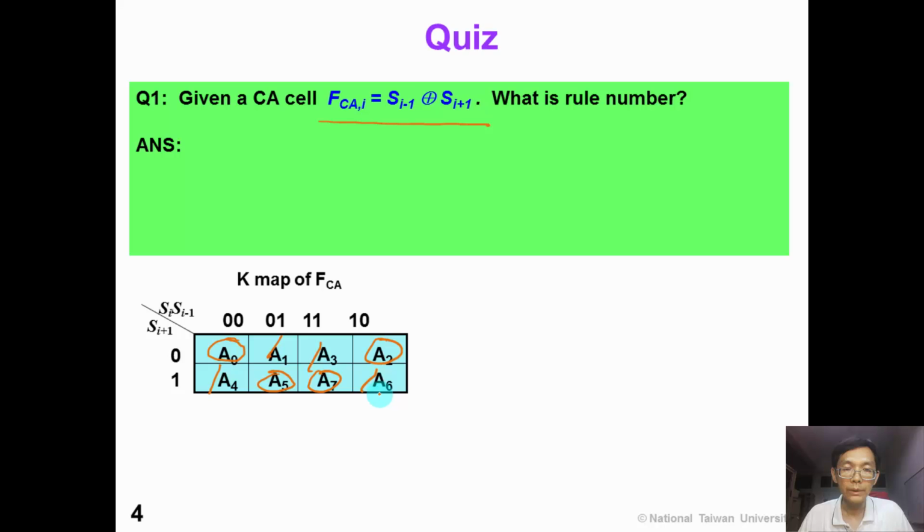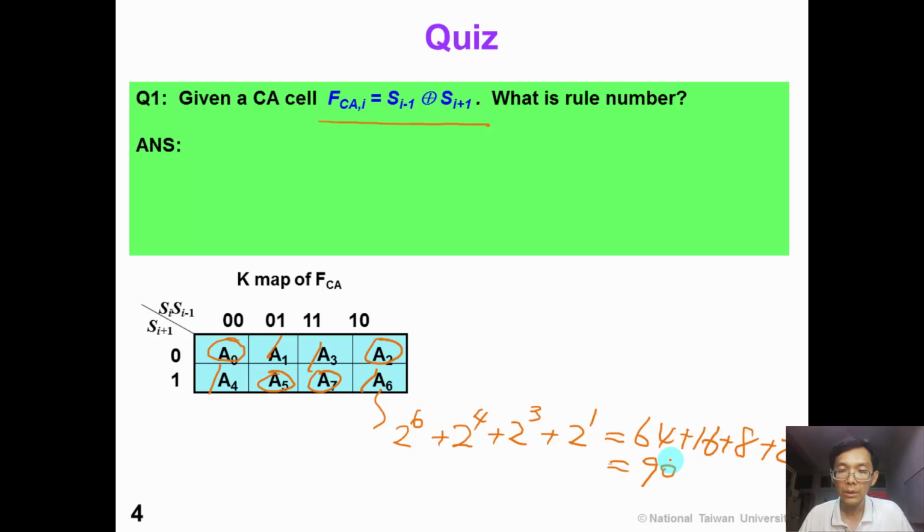So the name of this cell will be 2 to the power of 6 plus 2 to the power of 4 plus 2 to the power of 3 plus 2 to the power of 1, which is 64 plus 16 plus 8 plus 2. This is 90. So this is called a rule 90 cell. Have you got it correctly?